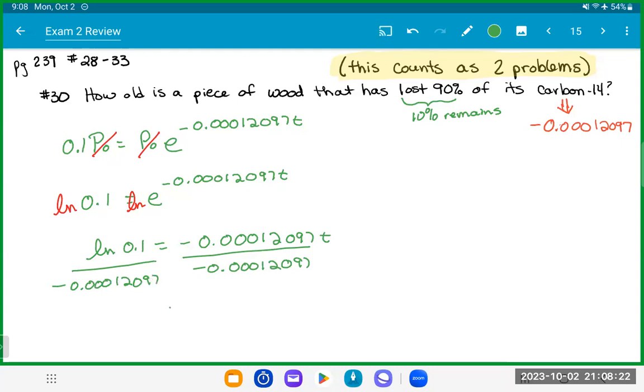Okay, and I get that t is equal to 19,035 roughly, or 34.35. So we could say that that piece of wood is about 19,034 years old when it has 10% of its carbon remaining. Okay, questions?